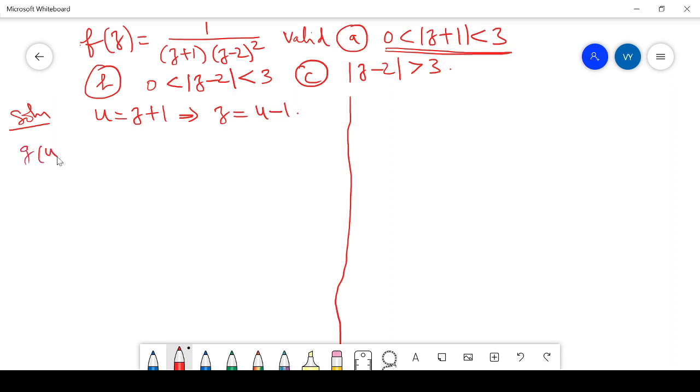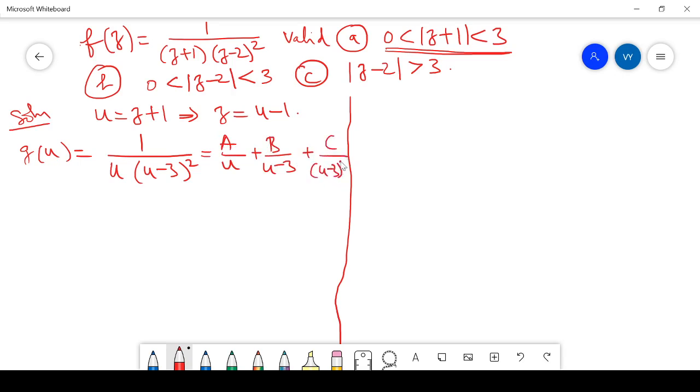So g of u will be 1 by u into (u minus 3) the whole square. This I can write as a by u plus b by u minus 3 plus c by (u minus 3) the whole square. I have split this using partial fractions.